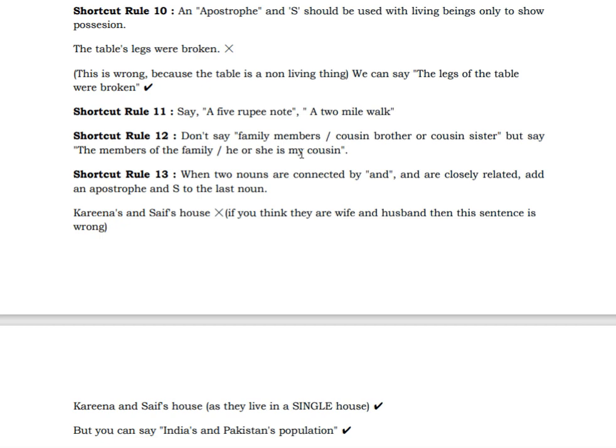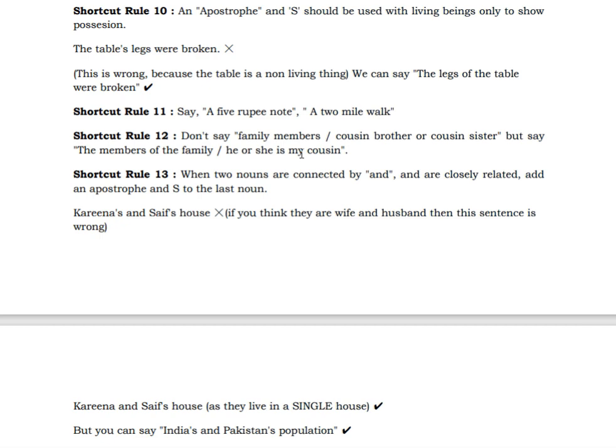Very important rule. A 2-year-old girl. Don't say family members, cousin brother, or cousin sister, but say the members of the family. Or you have to say cousin.